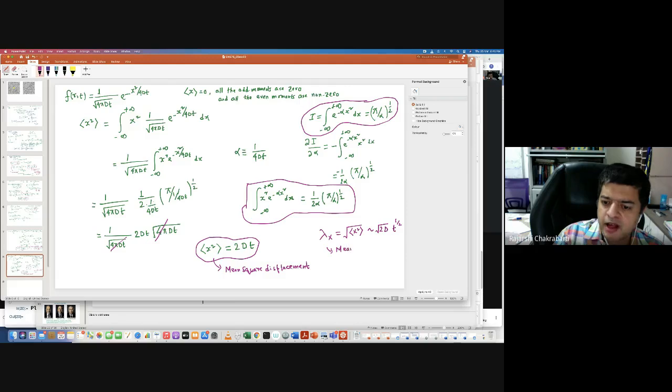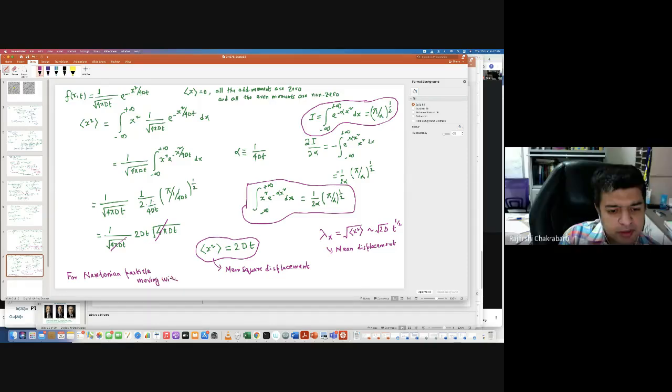But if I have a Newtonian particle moving with constant velocity, what is the mean displacement? No random kick from the solvent. Tell me. Moving with constant velocity.